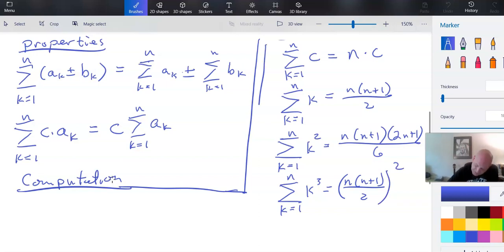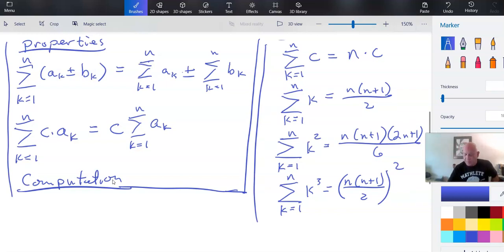So these are the formulas. These are going to be your computational formulas. These are the properties, and they're kind of like formulas, but they're telling you what you're allowed to do when you manipulate things. This is how you actually come up with numbers, right? So these tell you what things you can do to manipulate it. This tells you how to find the number at the end. Okay? All right.